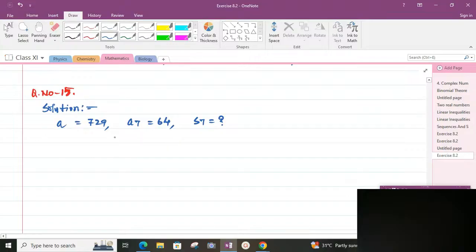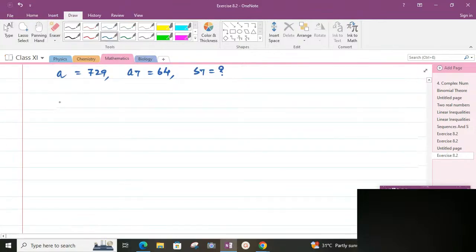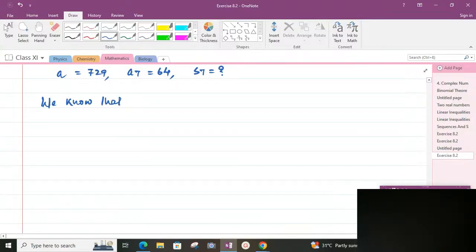So we recall the formula of An. So we write down here, we know that An equal to A into r to the power n minus 1. Therefore, A7 equal to A into r to the power 7 minus 1.